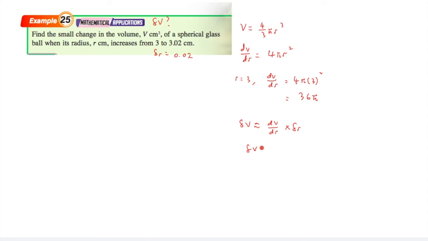So delta V equals dV dr, 36 pi, times delta r, 0.02. Okay, so you get the answer, delta V, 2.26. You see, so short.